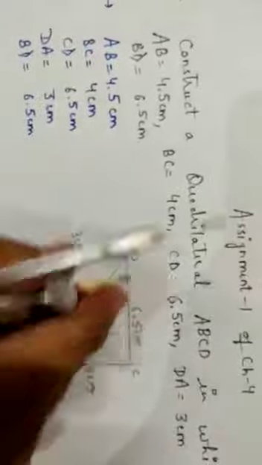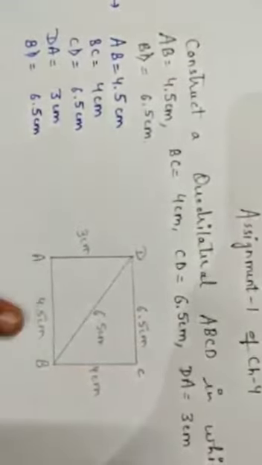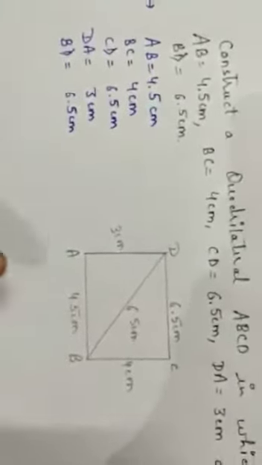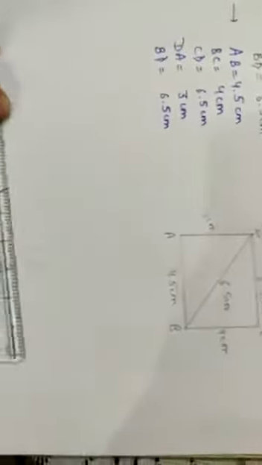We had already discussed these types of sums in exercise 4.1, where one diagonal is given. In a quadrilateral where only one diagonal is given, we took that diagonal as a base. So here BD is 6.5.